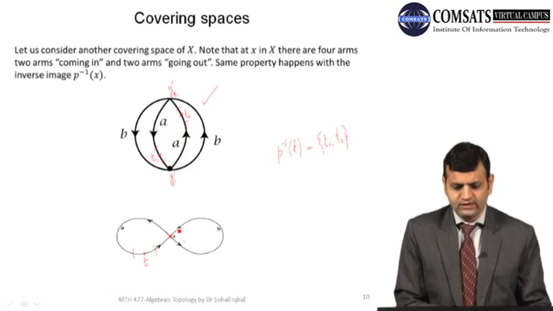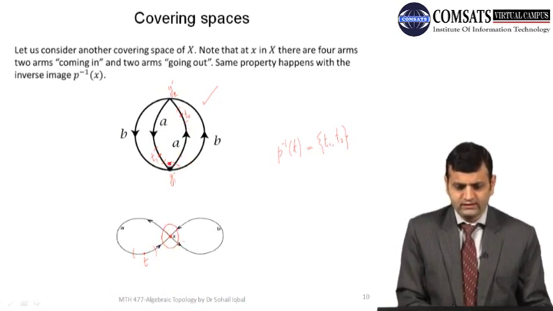And if I take an open set around this point X, then I will get 2 open sets around Y1 prime and Y2 prime.